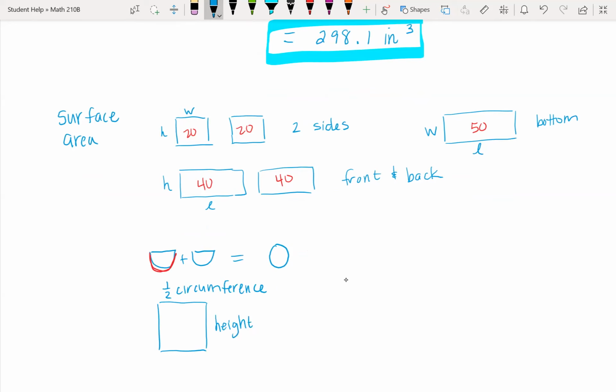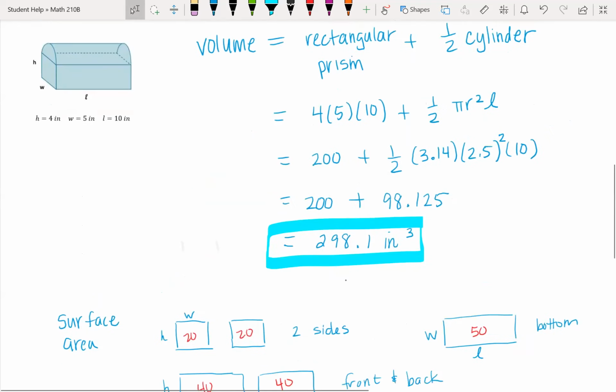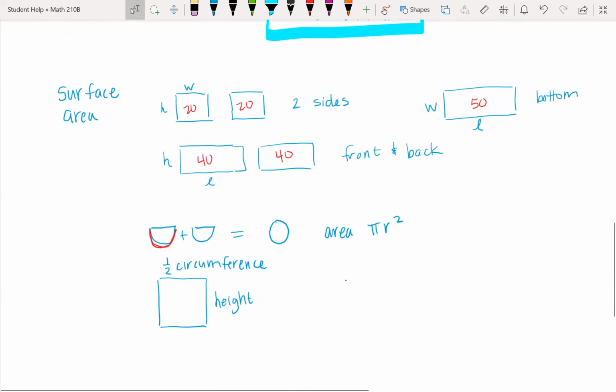So what's the area of the circle? Area is pi r squared. Well, we already saw in the last part of the problem that the radius was 2.5, right? So the area here is going to be pi, or 3.14, times 2.5 squared.